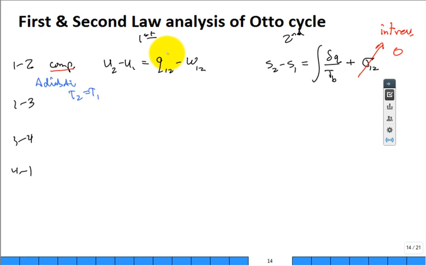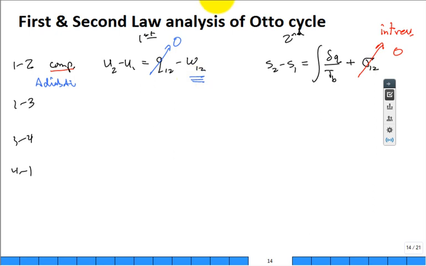So yes, Q is 0 because it's called adiabatic. That does not mean it's isothermal, because when you are compressing it, that boundary work is going to increase the energy, and U2 will be higher than U1 because of that work, and T2 will be higher than T1. This is a good review of Thermo 1.